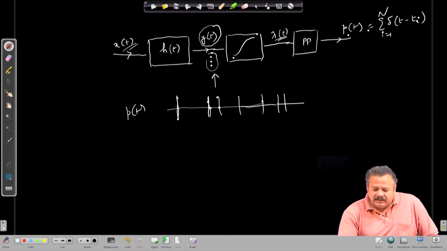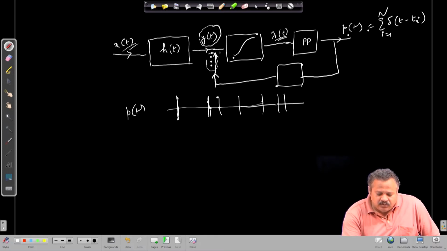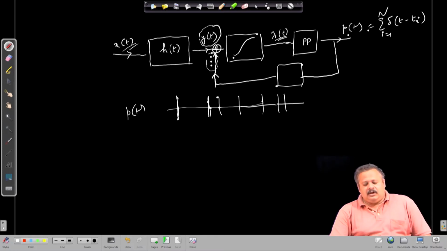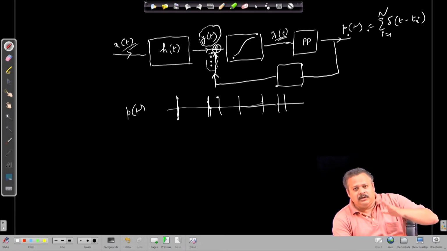So that can be incorporated with a feedback like this, and that goes as an input to this entire nonlinear function or the static nonlinearity. So, what do we need to do here? That we need to change the membrane potential, over and above or below, I mean modulate the membrane potential that is derived from the stimulus based on whatever history we have had of spiking.